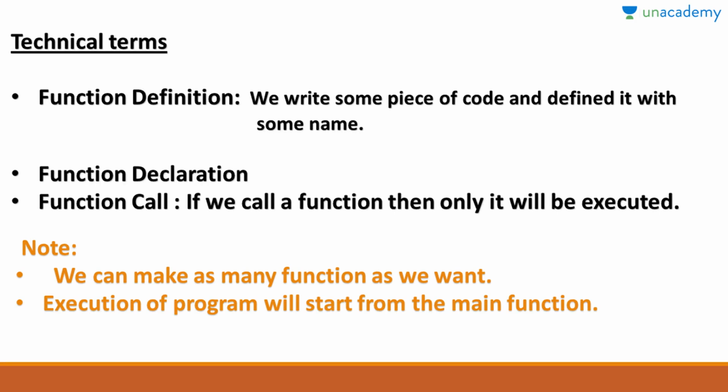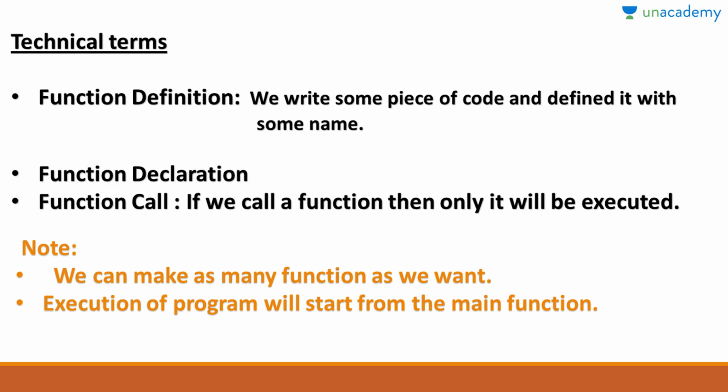So let's learn what the technical terms used in a function are. There are three most popular technical terms: function definition, function declaration, and function call. Function definition: we write some piece of code and define it with some name to identify that function, which is known as function definition.